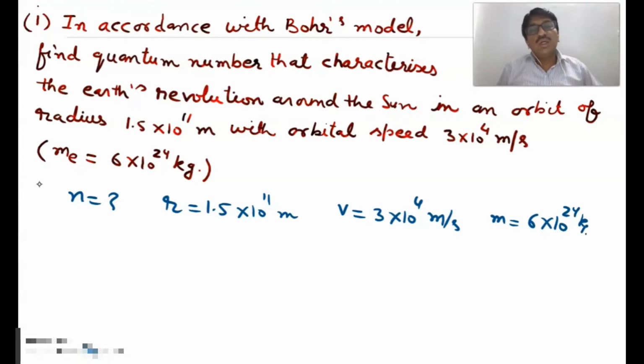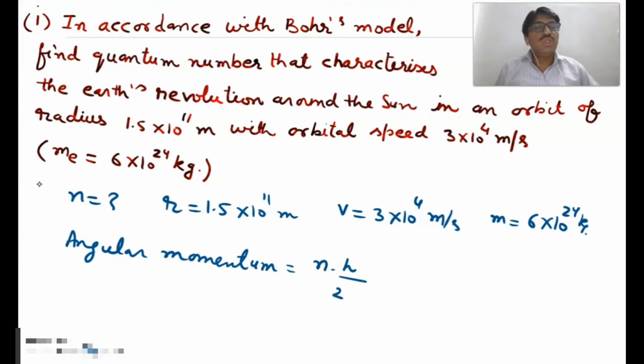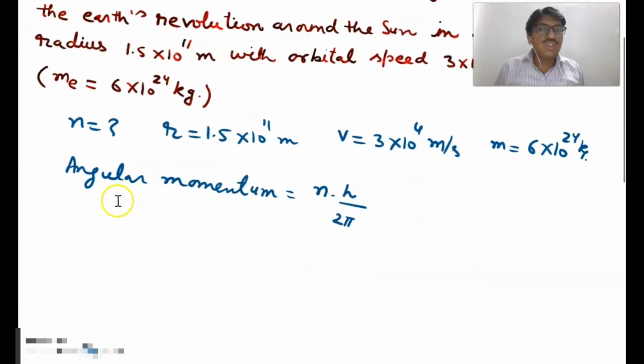We know that as per Bohr's theory, angular momentum is equal to n times h upon 2π. As per Bohr's theory, an electron can only revolve in those orbits which satisfy the condition that angular momentum is equal to nh upon 2π.